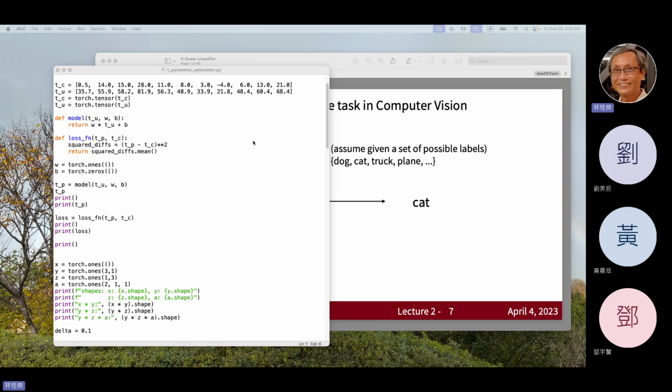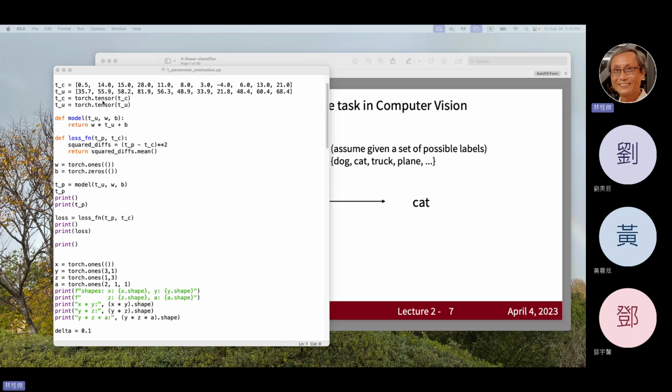You can see we have the list, which eventually is going to become a tensor when you use PyTorch. Originally T_C is defined to be a list in Python, but every time you want to run that in PyTorch, you need a specific operation to convert that into a tensor.